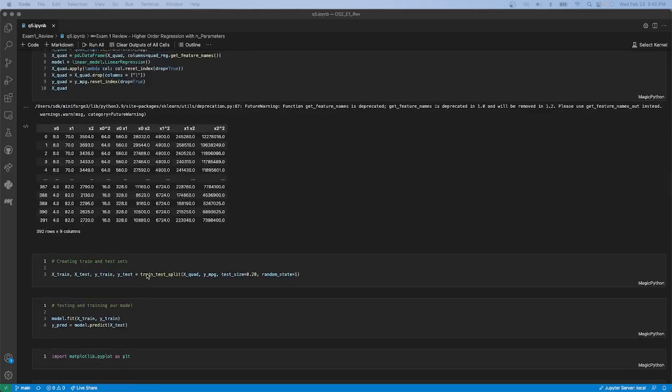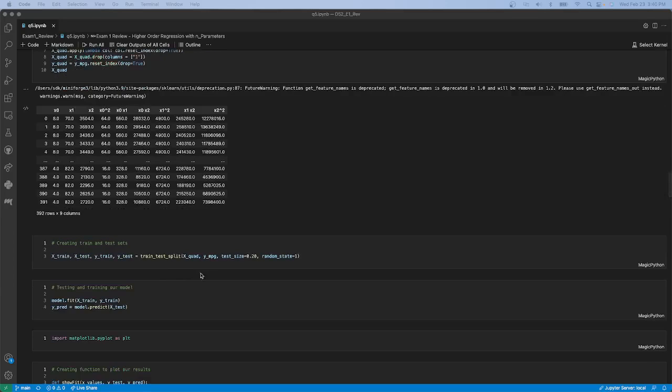And now that we have that, we're going to use train test split to split that into our training and test sets, and we're going to use a test size of 20%, or 0.20. We're going to keep the random state the same, so that if we do this again, it will give us the same x train, x test, y train, and y test.